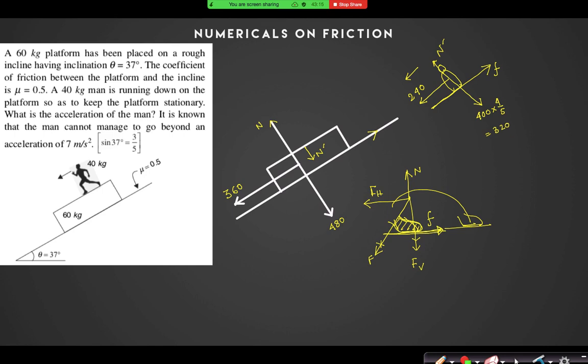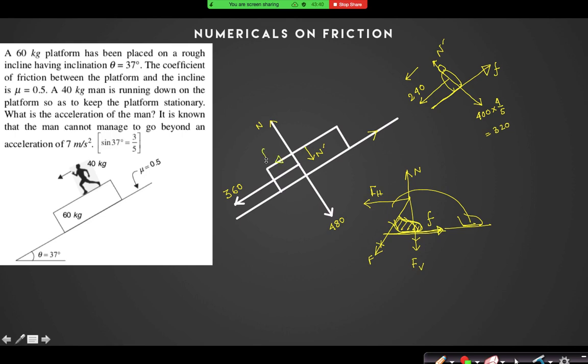Forward. You will push that surface forward so that the friction force will act in the backward direction. That will decrease your acceleration. So in that case, the friction on that person will be backward. So what will be the direction of friction on that platform? Forward.